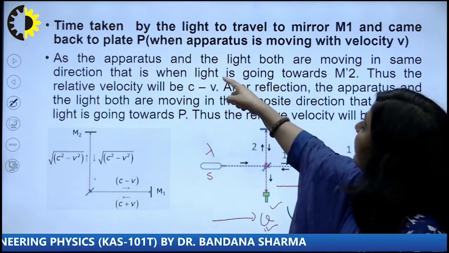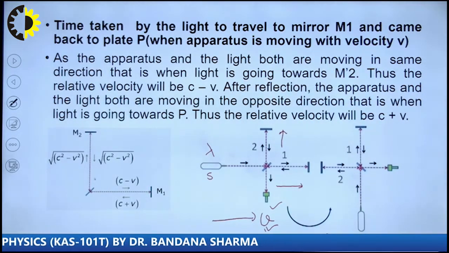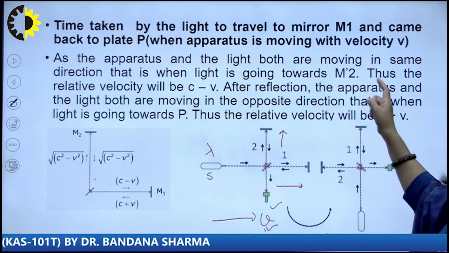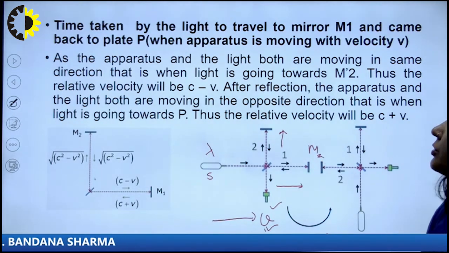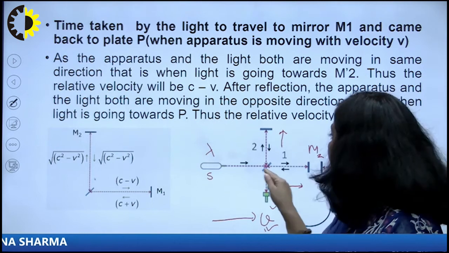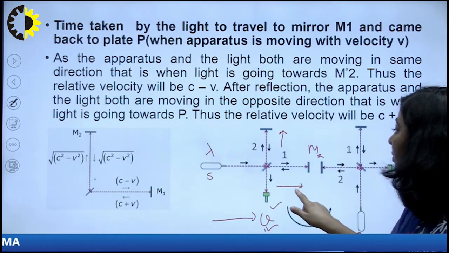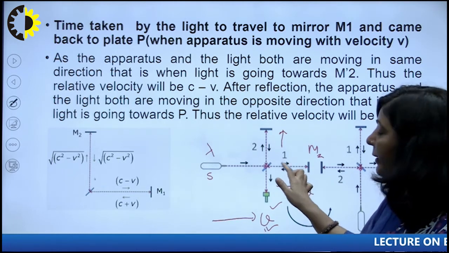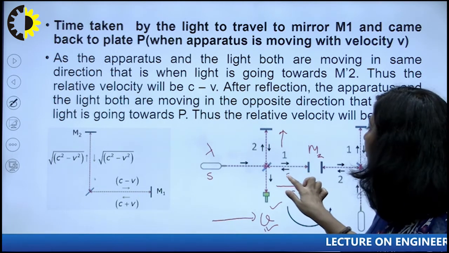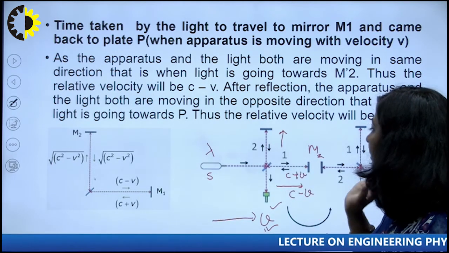As the apparatus and light are both moving in the same direction, that is when light is moving towards M2, the relative velocity will be c minus v. So for this forward journey, the speed of light will be c minus v, and when it is reflected and comes back, the speed of light will be c plus v.